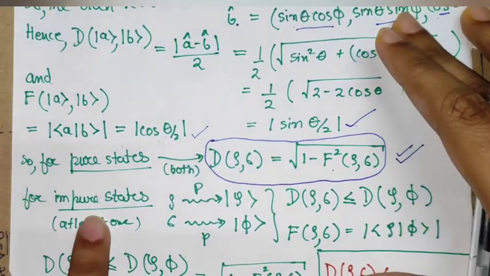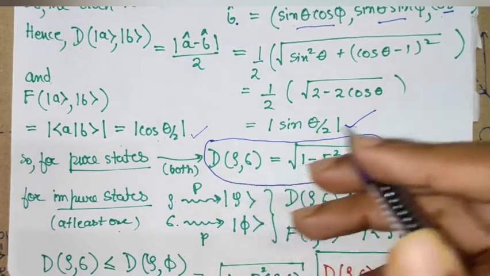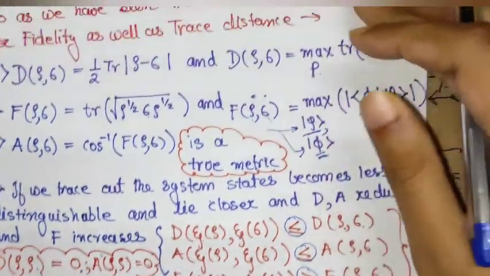But for impure states, or when at least one of the two states becomes impure, we have to use these formulas.